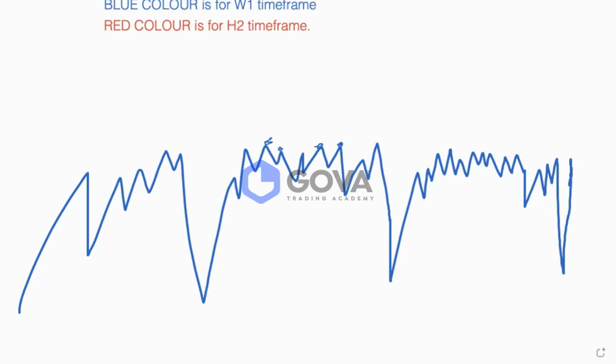Since market is currently in that area, some of you might see a formation on a lower time frame, a drop-based rally. Maybe on H2, you might see a drop-based rally formation.